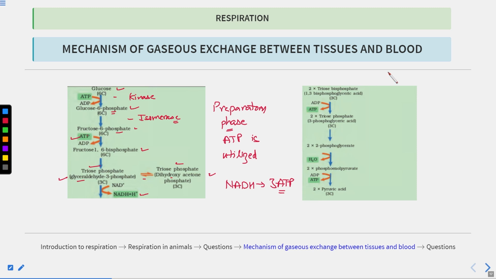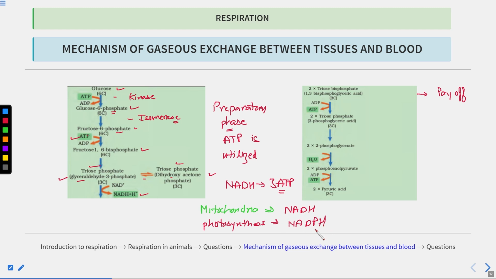Now you can see this is the second phase, the payoff phase. One thing you have to remember: when we talk about the mitochondria, NADH molecules are formed, and if we talk about photosynthesis, you should use NADPH.